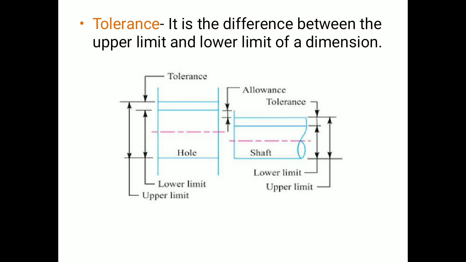Whereas in the image you can see that the difference between the size of the hole and the size of the shaft will give you allowance. So basically allowance is the difference between the sizes of two mating parts, or we can say for defining allowance we require the size of the shaft as well as the size of the hole. But for defining tolerance we need either the size of shaft or the size of hole.